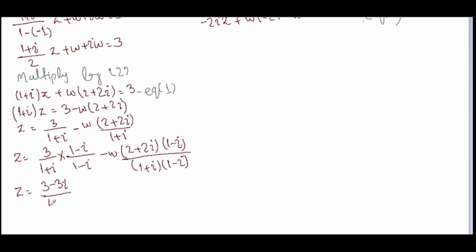a plus b into a minus b, which is a square minus b square. Minus w into 1 into (2 + 2i) is 2 plus 2 iota, minus iota into this term is minus 2 iota minus 2 iota square, whole divided by a plus b into a minus b, which is a square minus b square.